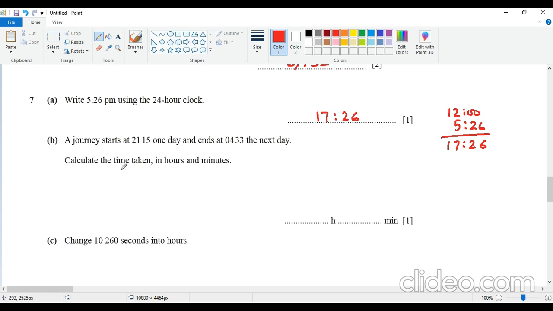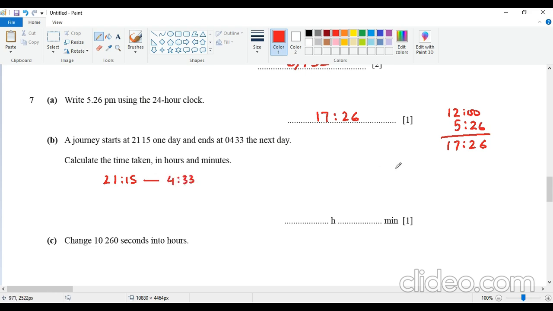Now, in the second part, it says a journey started at 21:15 one day and ends 4:33 the next day. So what do we do is we find out this way: 21:15 started and it goes till 4:33.